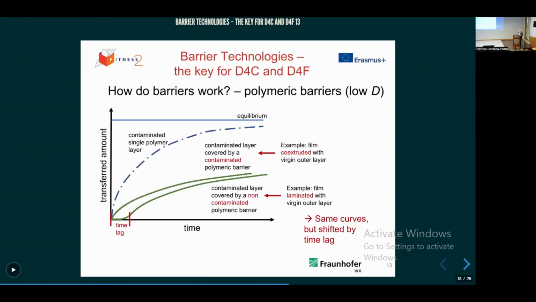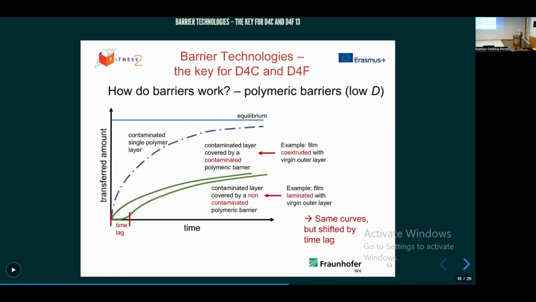But if you have a functional barrier that is not contaminated from the beginning, you have the so-called time lag, which helps you a little bit. Depending on the nature of the contaminants, by the way, this time lag can be also 1 year, for instance. So it's not that bad. It's just a little bit small in my image, but it needs not to be very small.